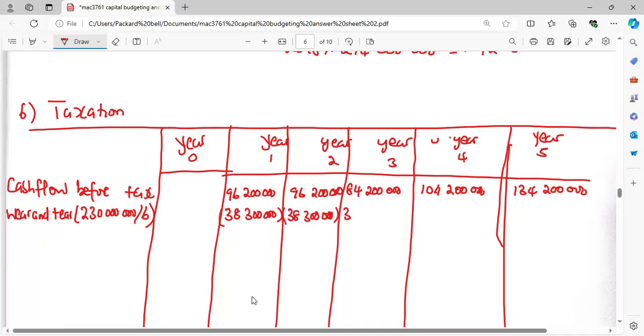Yes. What about the other threes then? I get 38,333,333. Are we ignoring them? Just ignore those ones. You just round it off.